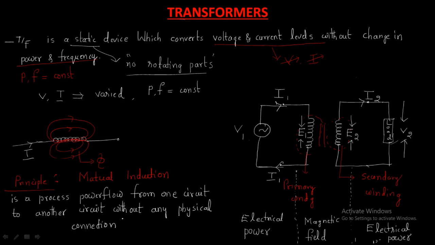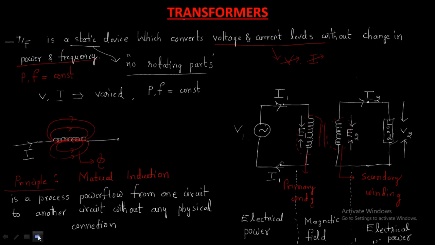Look here. If you observe, between this primary winding and secondary winding there is no physical contact, but power is transferred from one circuit to another circuit. This process is known as mutual induction. This is the working of mutual induction.